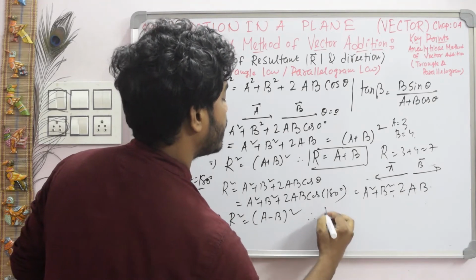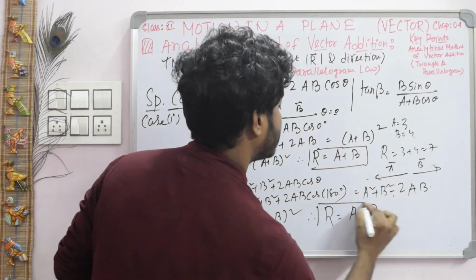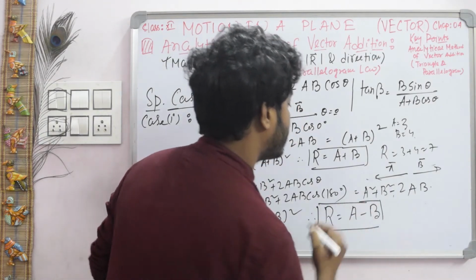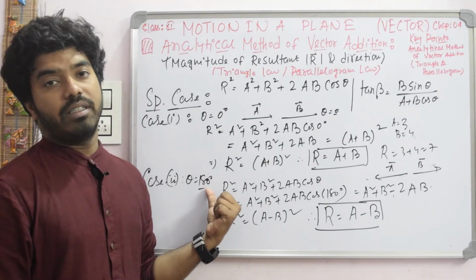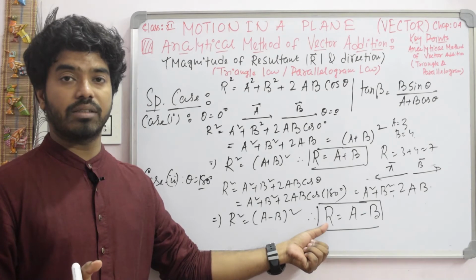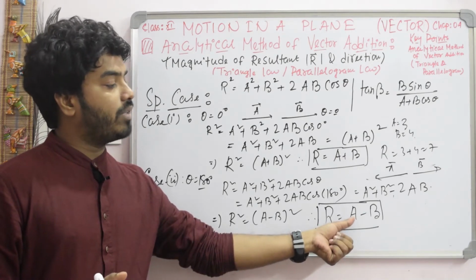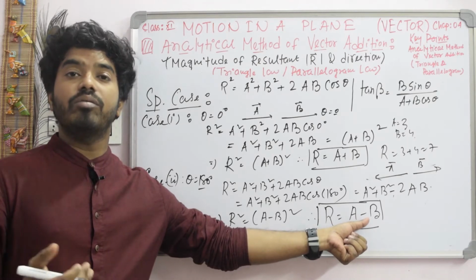So from here you can say R is equal to A minus B. This is the formula for finding the resultant of two vectors when theta is equal to 180 degree, and it gives the magnitude of vector A minus the magnitude of vector B.